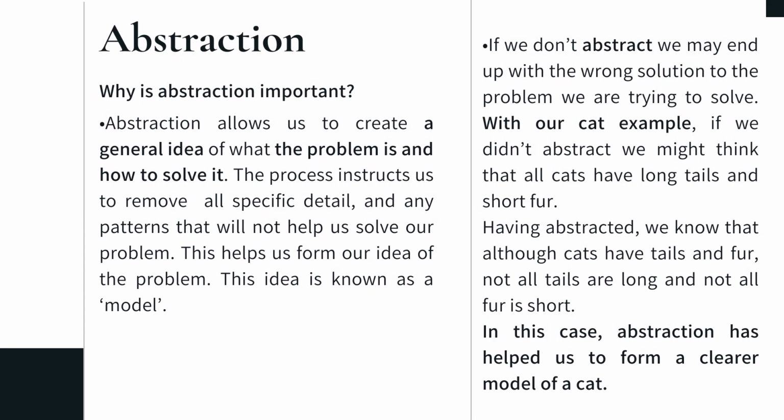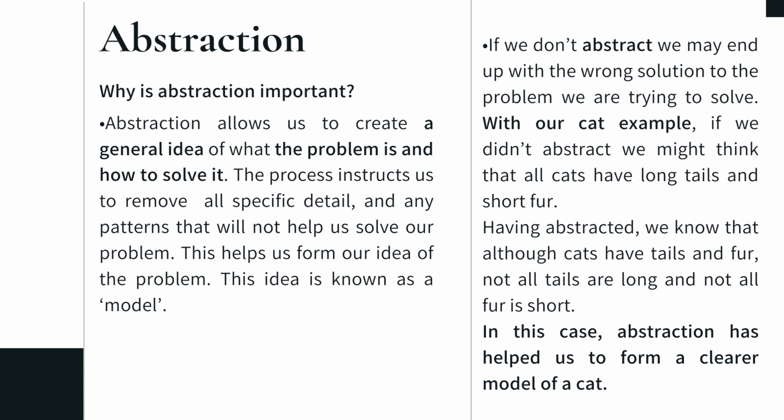Alright, so the third key concept here is abstraction. So why is abstraction important? Abstraction allows us to create a general idea of what the problem is and how to solve it. For example, the process instructs us to remove all specific details.